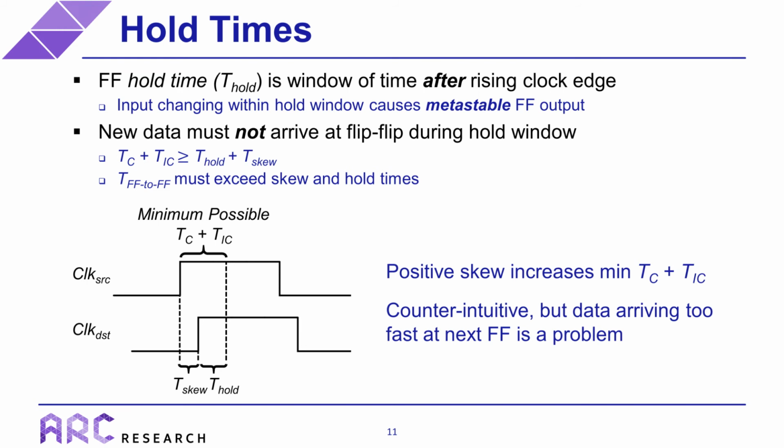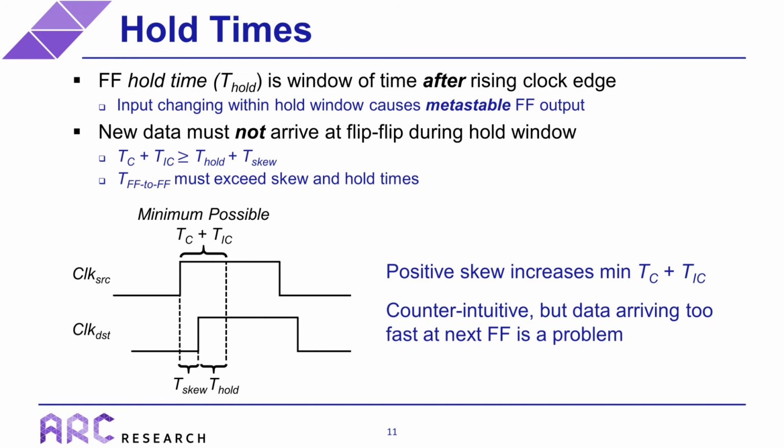So mathematically, this means that the sum of the cell and interconnect delays must exceed both the clock skew and the hold time, as shown in the figure at the bottom. Or in other words, the total delay between flip-flops must exceed the skew and hold times. So with regards to hold time, the implication of a positive clock skew is that it increases the minimum delay between the flip-flops.